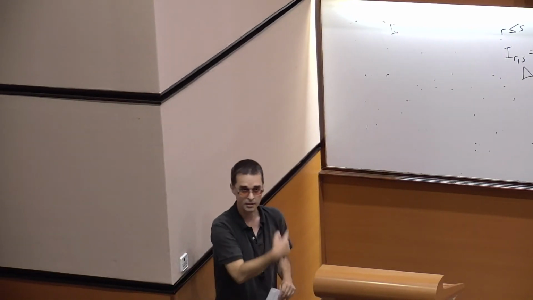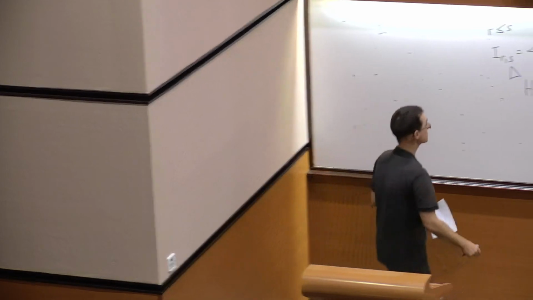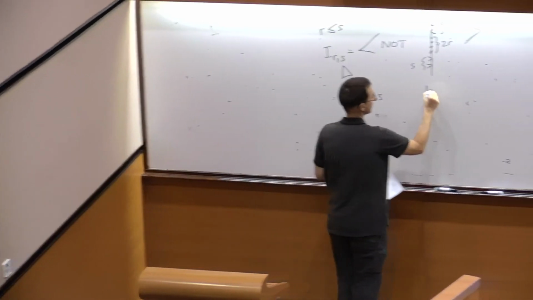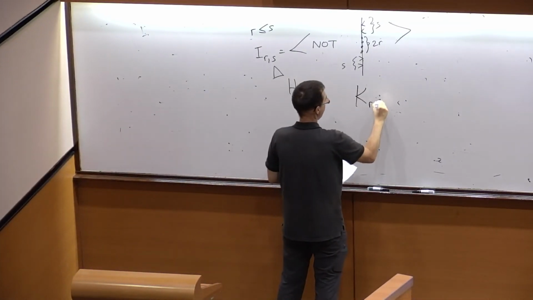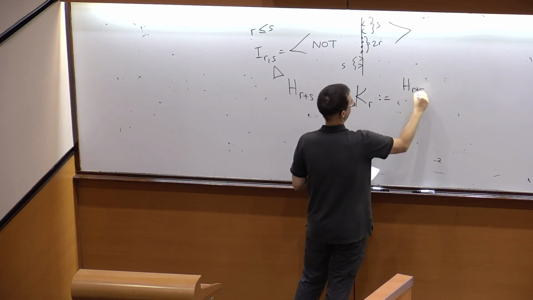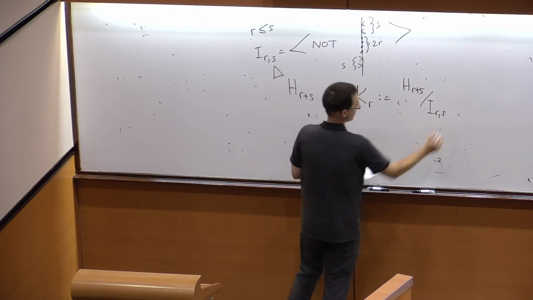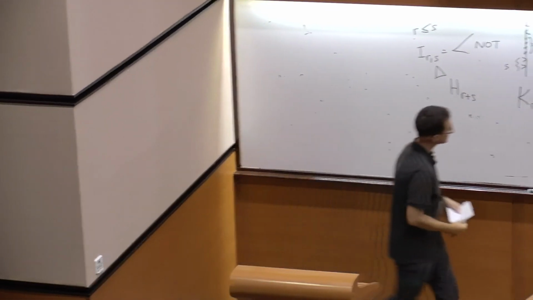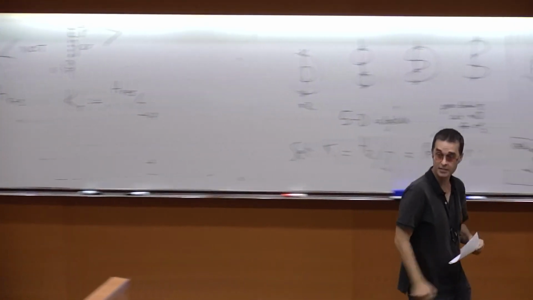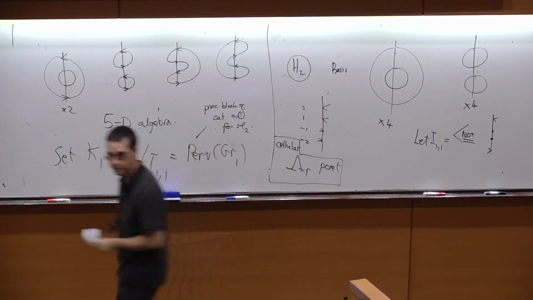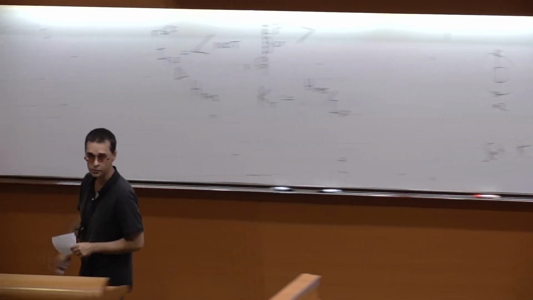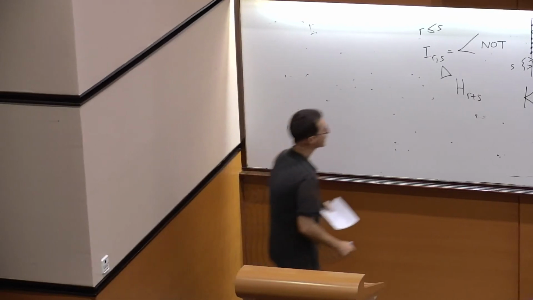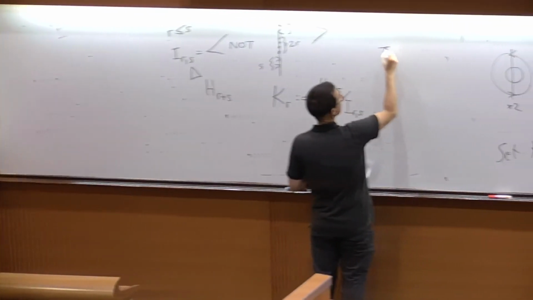So this is a cell ideal in this cellular algebra, and I'm going to define K sub R to be the quotient algebra. And you'll notice there's a little choice of S. There's lots of S's that give the same K_R, so that's a little lemma that it doesn't matter which S you pick as long as it's bigger or equal to R. And now we can get to the punchline very quickly.